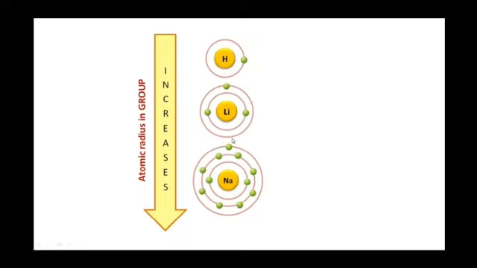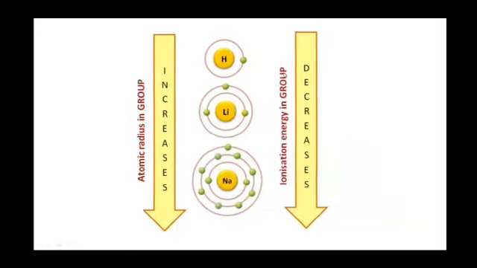For example, let's take hydrogen and sodium. Here, the energy required to remove an electron from hydrogen will be greater than the energy required to remove an electron from sodium, because in sodium the valence electron is away from the nucleus.